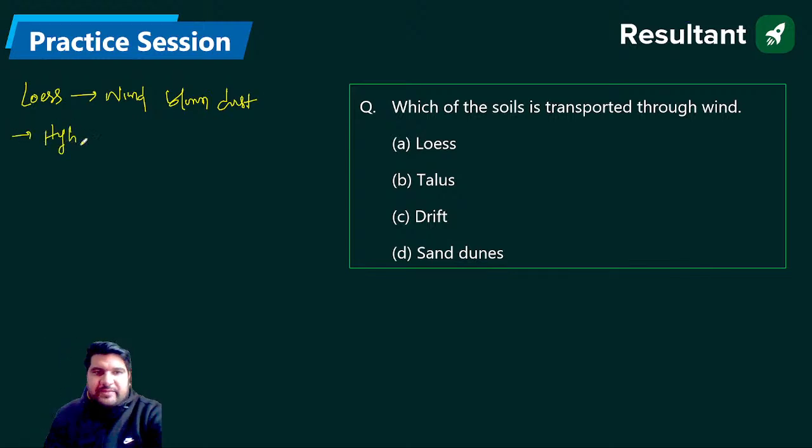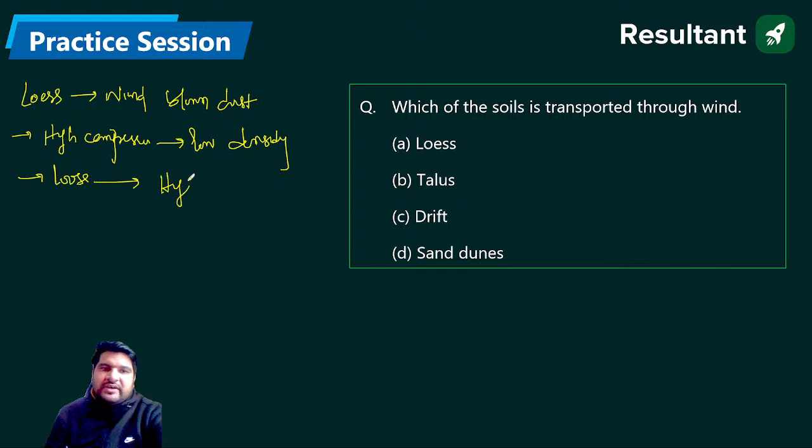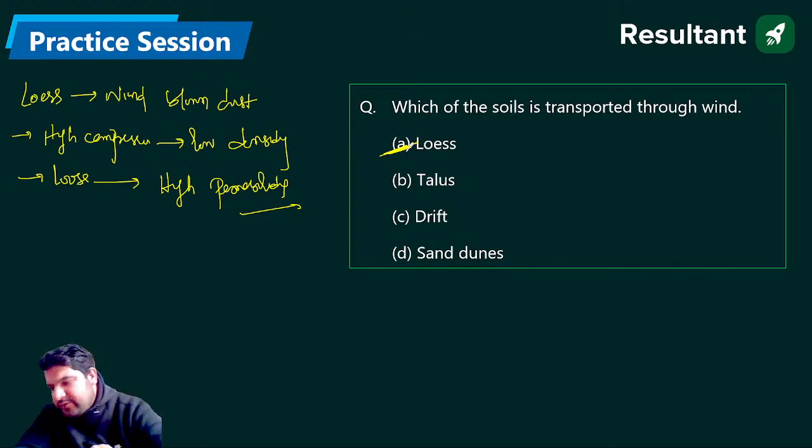It has low density, that is, these soils are loose. Sir, as these soils are loose, they have high permeability. So you can go with A.